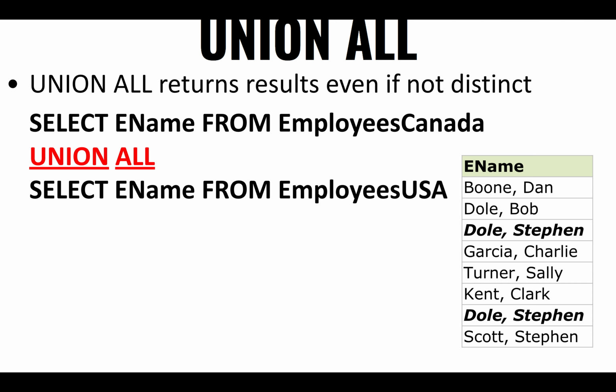So if one of the tables has a field that we want to do the union from, we could rename it. If this one says employee name, we could rename it using AS, to something that is common to both, so that you would get the right values.